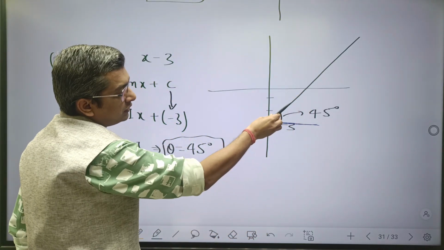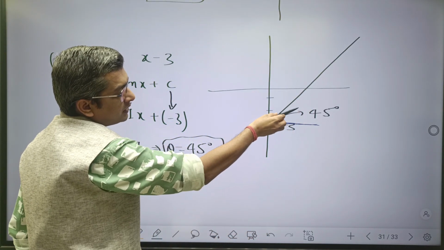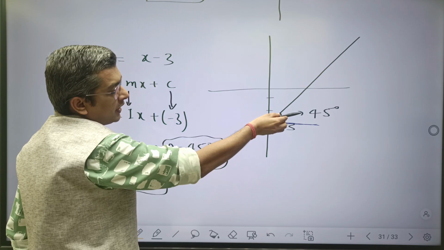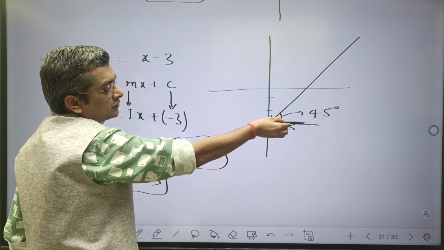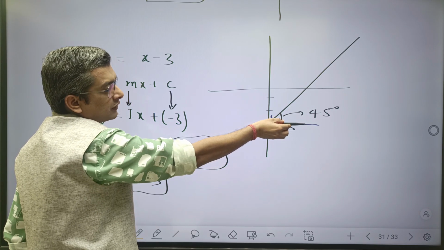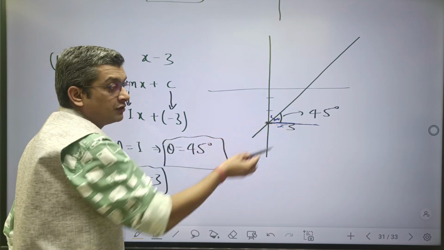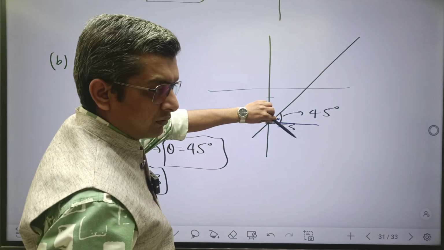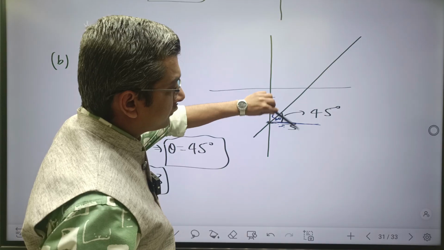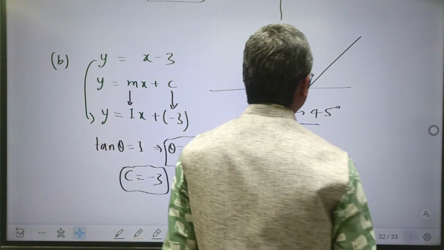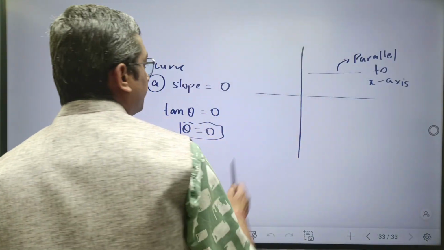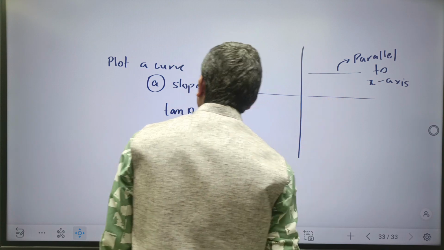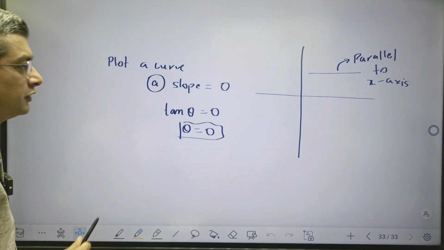Now if I rotate this line, the slope angle will get reduced, and if this line coincides with the line parallel to x-axis, then theta becomes 0 and we have 0 slope. And if I rotate it further, then the slope will be negative, dear students. So the line parallel to x-axis has slope 0.